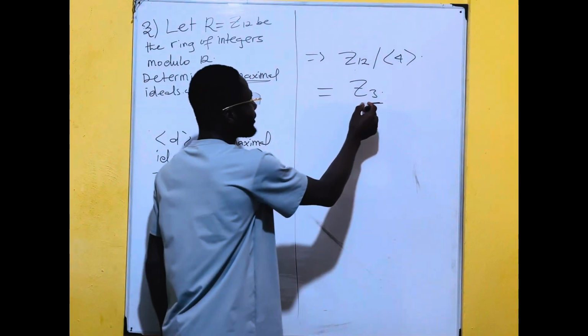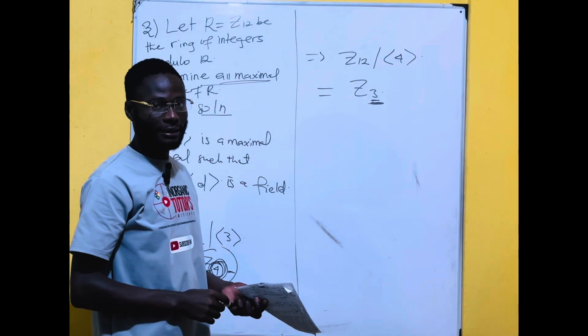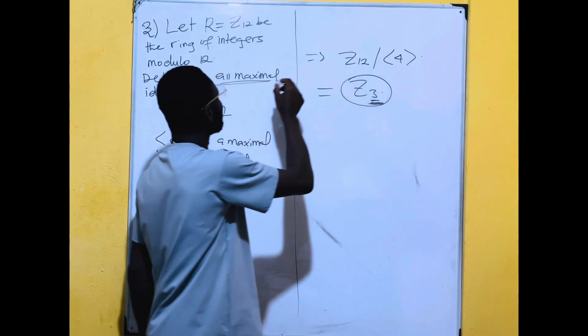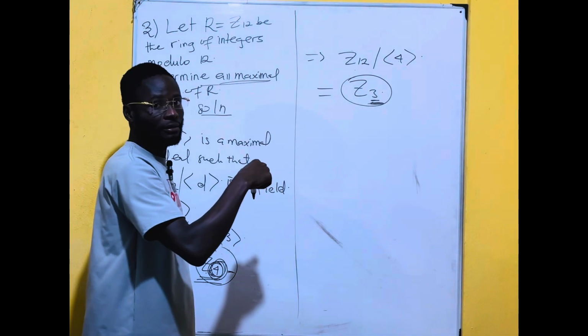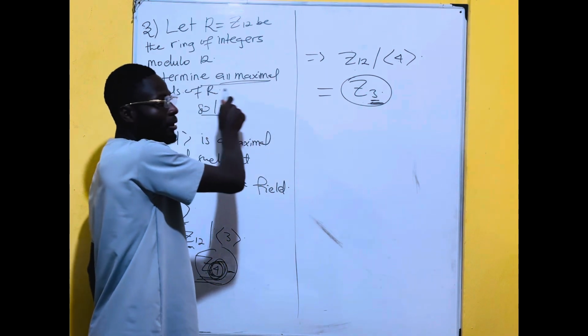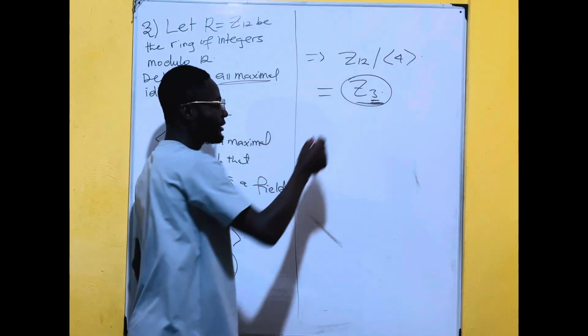We are very much aware that 3 is a prime number, so this qualifies to be a field. Once it is a field, it is a maximal ideal. So now we have one.